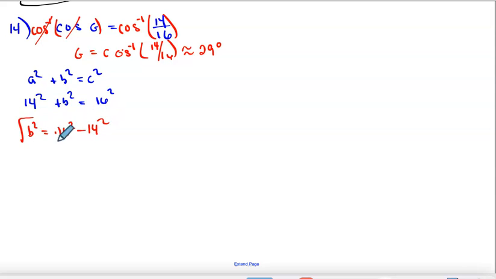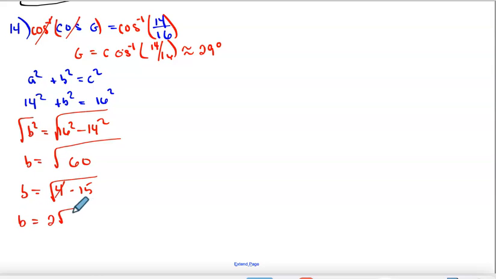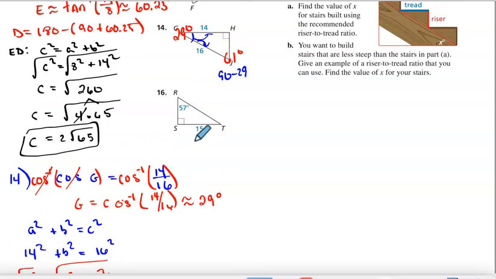So b is equal to the square root of 256 minus 196. So this is going to be the square root of 60. And b is equal to, again, this is going to be 4 times 15, 60. So b is equal to, square root of 4 is 2, radical 15. Okay, and then you have all the components here.